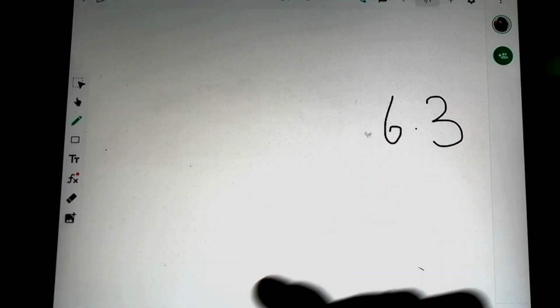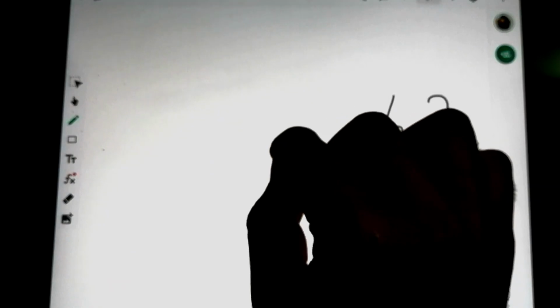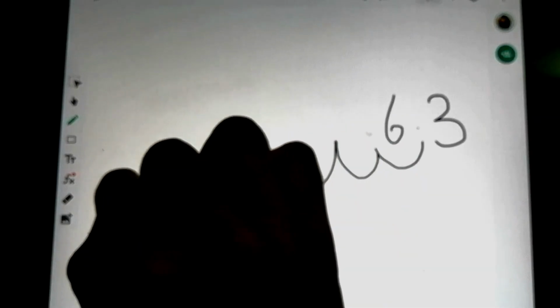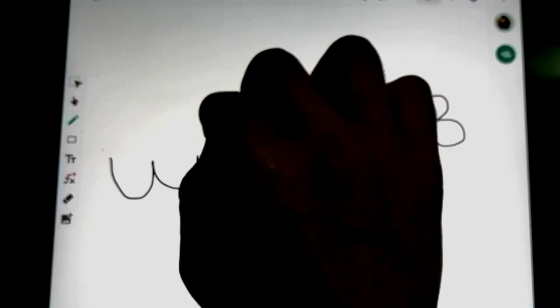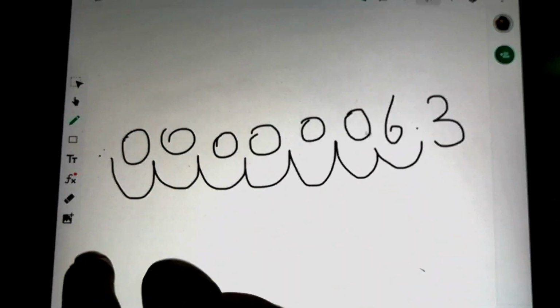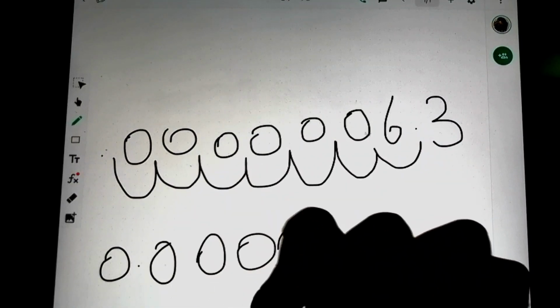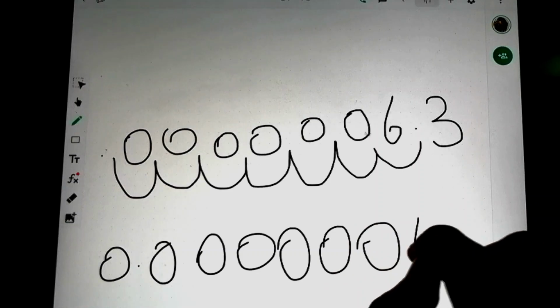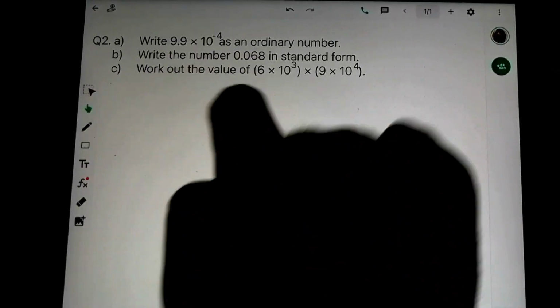If I write 6.3 here, it'll go 1, 2, 3, 4, 5, 6 and 7. Zeros will come in place of these empty spaces, and the decimal point will come here. So 0 point, and 1, 2, 3, 4, 5, 6 zeros, and then 6, 3. 0.00000063. That's the answer.